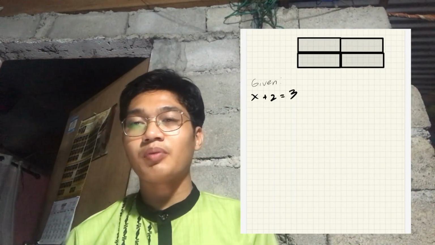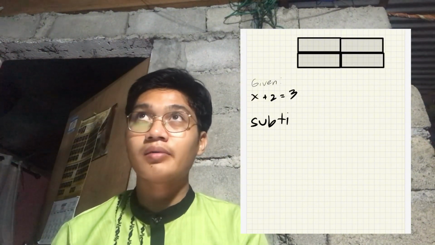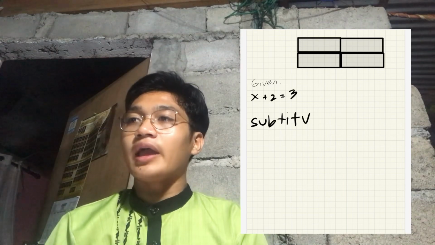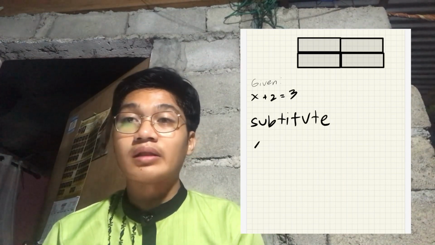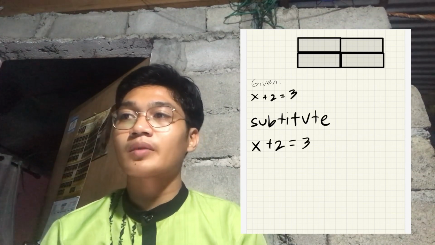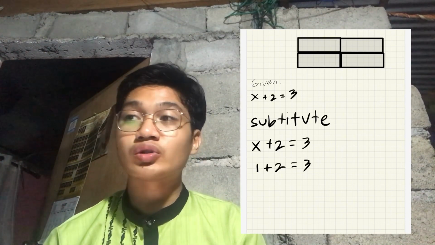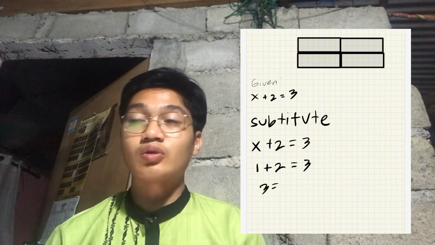I have an example for solving simple equations using bar graphs or bar models. x plus 2 is equal to 3. So let's think about that equation. We are going to substitute x is equal to 1.